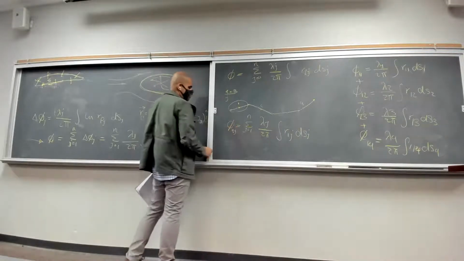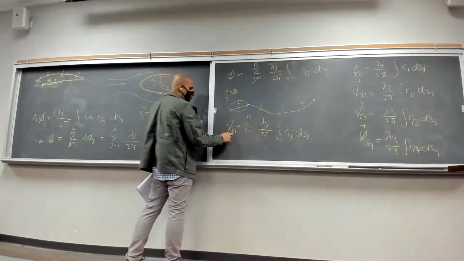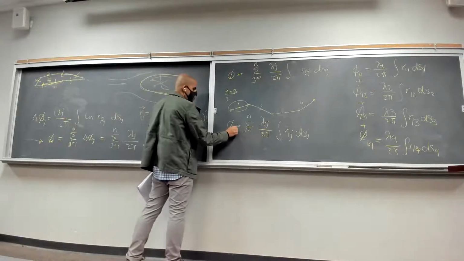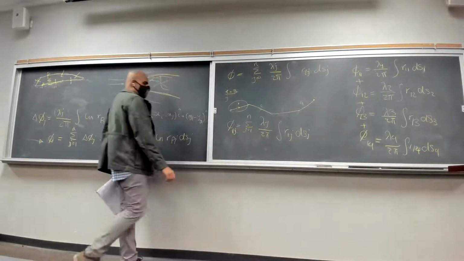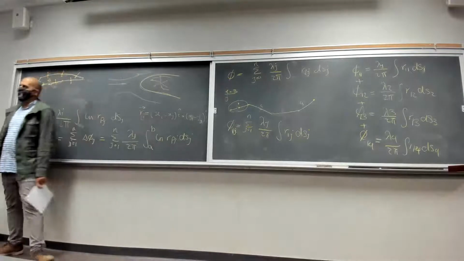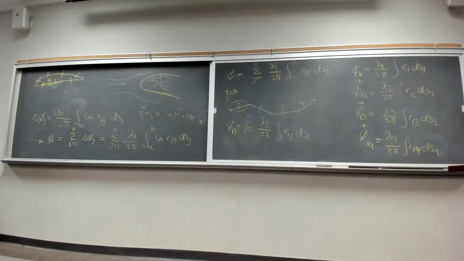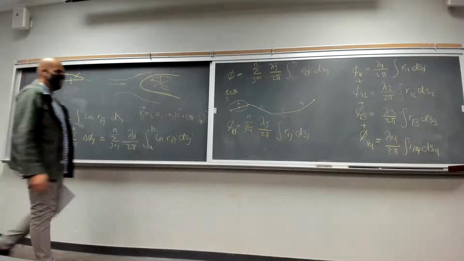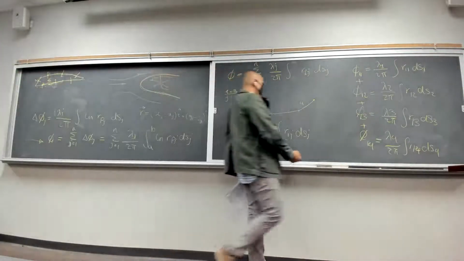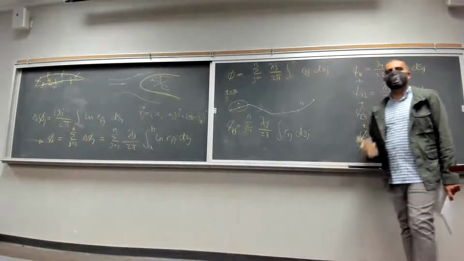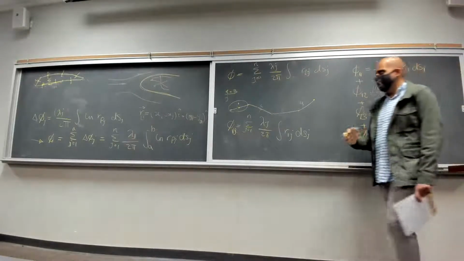We only did phi of 1j. We will talk about it. So just hold on to this phi of 1j, the velocity induced by all of the panels on one point.